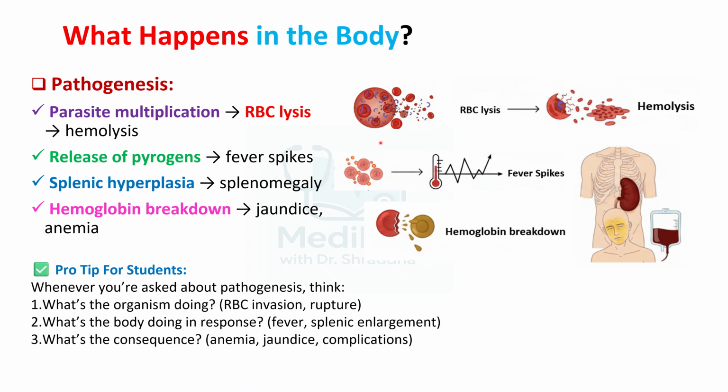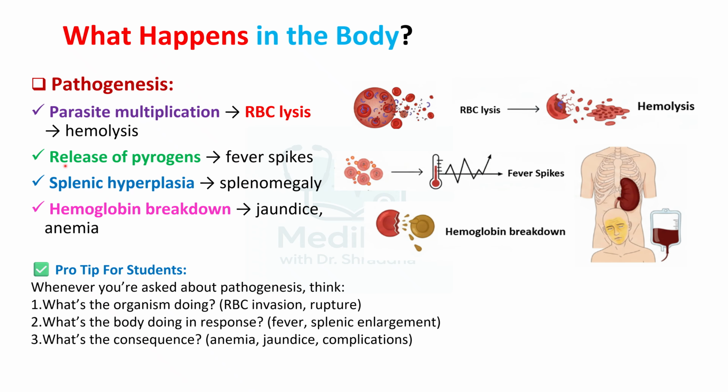It gets inside, multiplies, and when it is done, it bursts the RBCs open to release new merozoites. This is called hemolysis, that is destruction of RBCs. And every time RBCs burst, more parasites are released which can infect more cells. This explains why fever comes in intermittent spikes. It's synchronized with this RBC rupture.